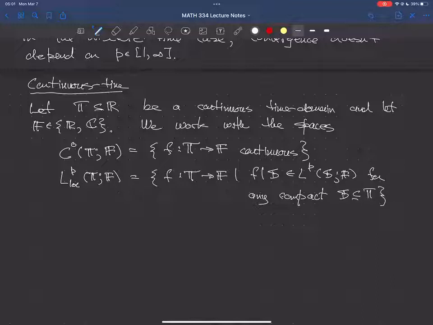So when you restrict your signals to compact subintervals, S can be compact, but just for simplicity, let me make this a sub time domain, which in this case means a subinterval.